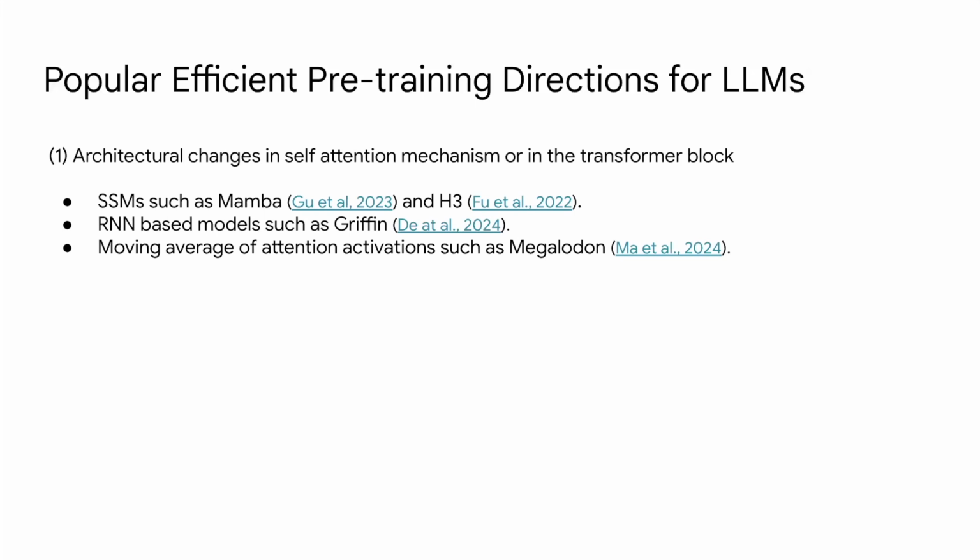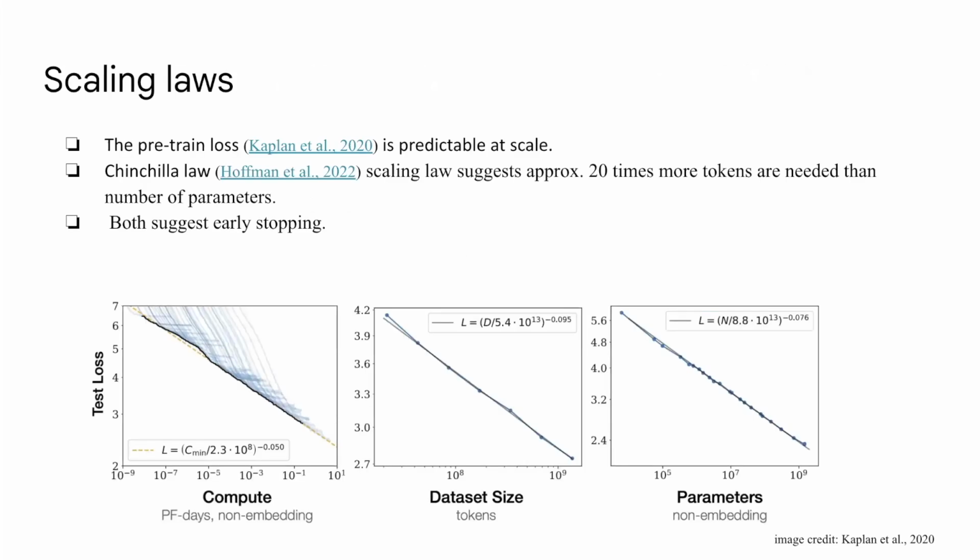Sure. So you talk about both suggesting early stopping. I wonder what the rationale is, because in pre-training the loss just keeps going down. Is it that after a certain point the drop in loss is not worth the amount of compute and data? Let me talk about Chinchilla, because Chinchilla was compute optimal. In a compute optimal setting, given a fixed amount of compute, you can train this much, and that was the rationale. We don't know how far we can train a fully trained model.